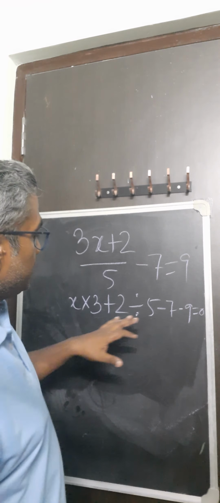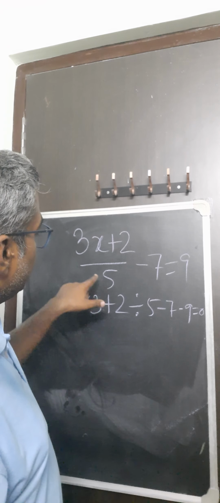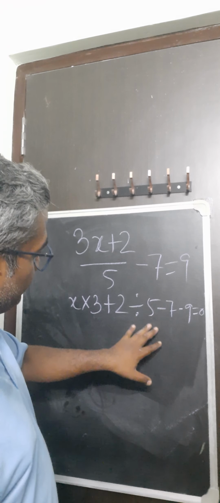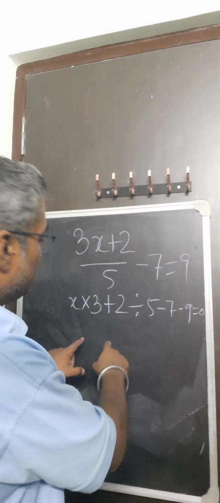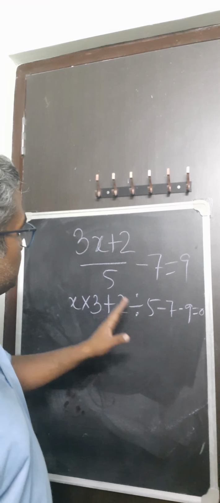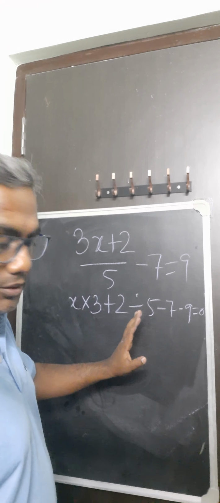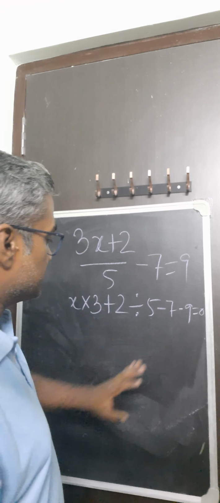Here one interesting fact you can see, that I am not putting any bracket as in the conventional method. While you are putting a division sign with the 5 here, you definitely have to put a bracket to identify that 5 is dividing the whole of this, but I am not writing it, I am avoiding it. This is part of the trick.